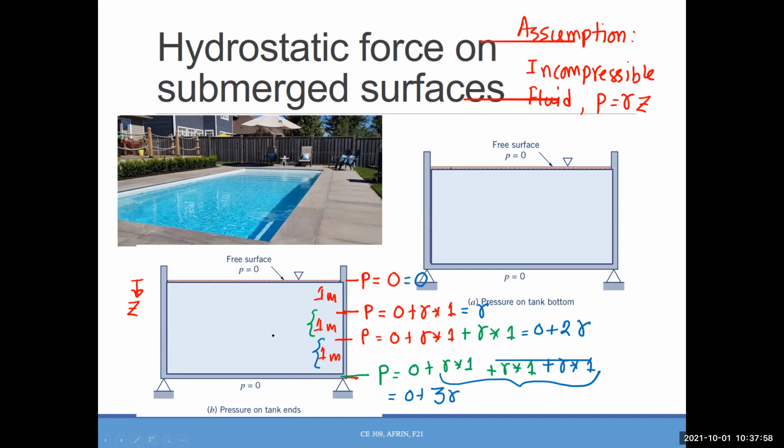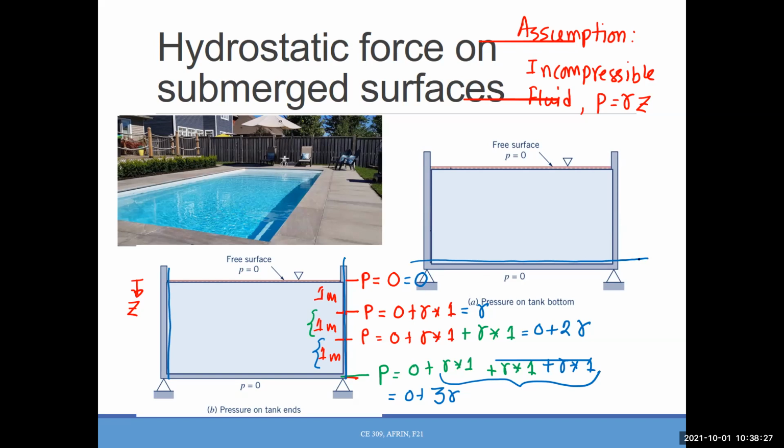So if you draw that, or if you find out the value, what will be the pressure profile here? Try to draw that on both sides here, okay? At the same time, give me the pressure profile, what will be at the bottom. Just one hint.